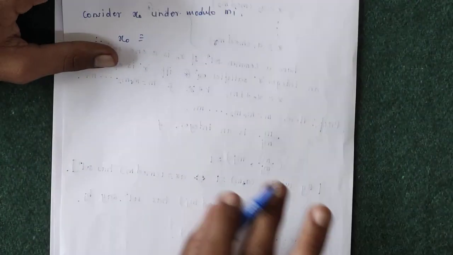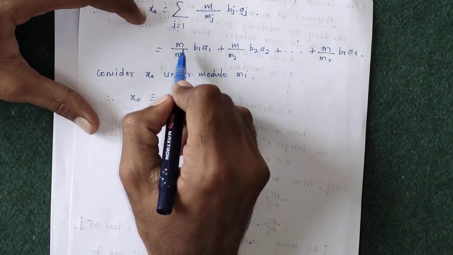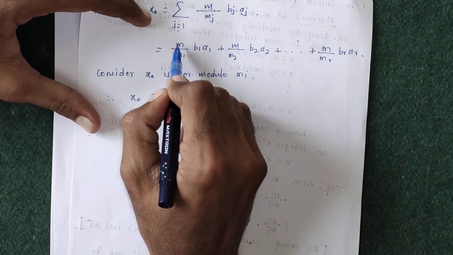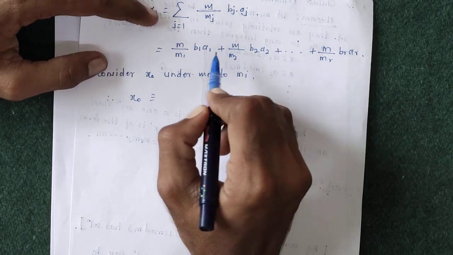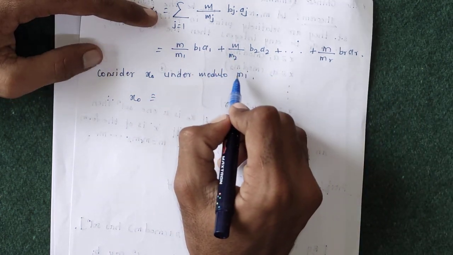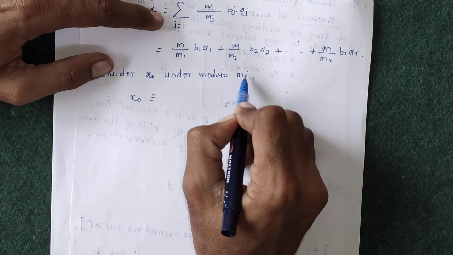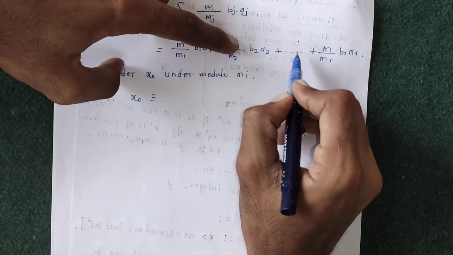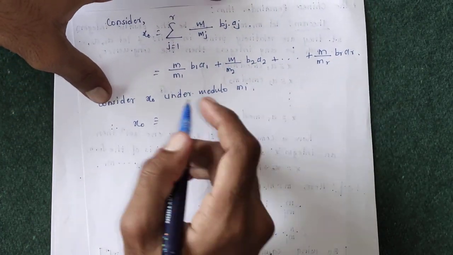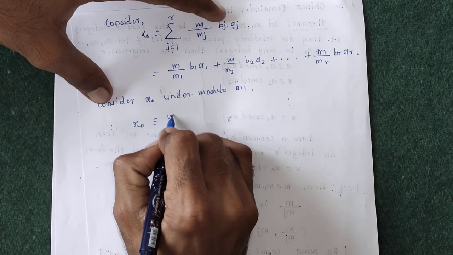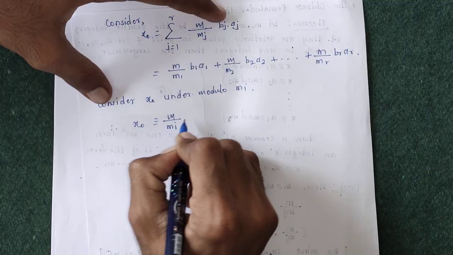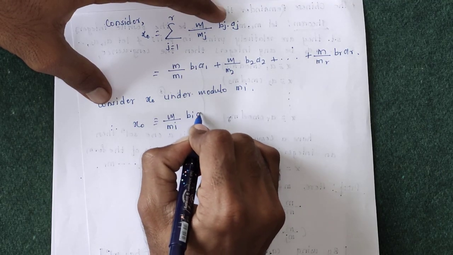If you take this number under modulo mi, then m by m1 is congruent to 0, m by m2 is congruent to 0, since 1 is not equal to i, 2 is not equal to i, so only one term remains in this summation, which is m by mi bi ai.